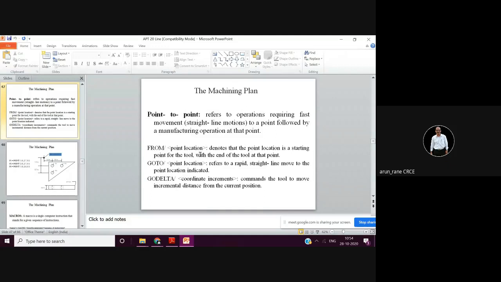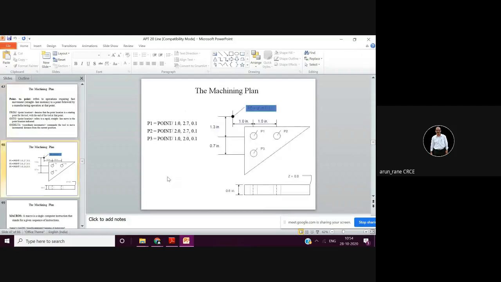So what is it? You have different statements like from, go to, go delta, and so on. We'll see one by one.